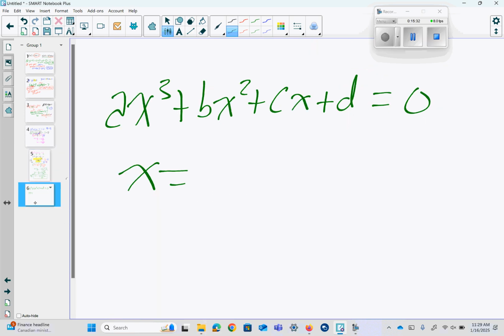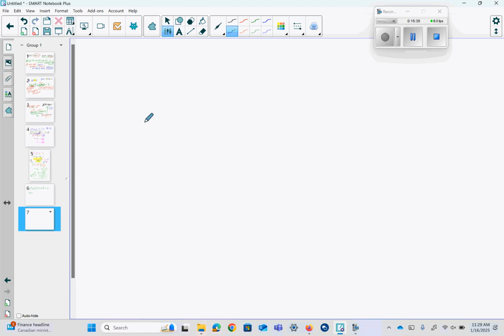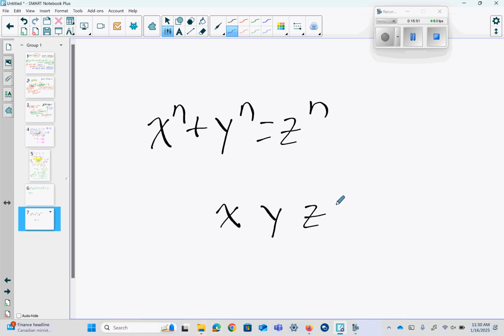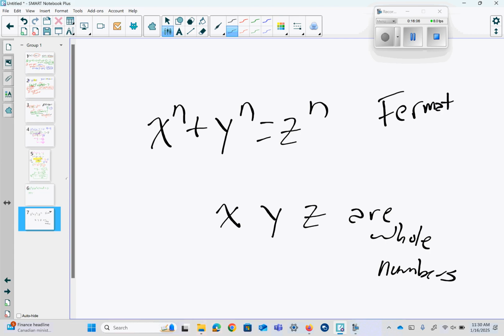But for those of you all who like money, if you were to solve this and you find out that x, y, and z are whole numbers, this actually was solved. This is called Fermat's last theorem.